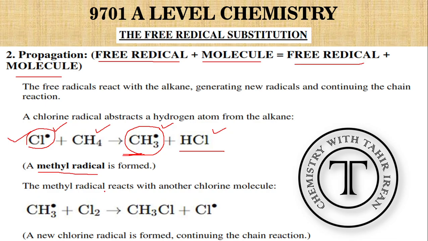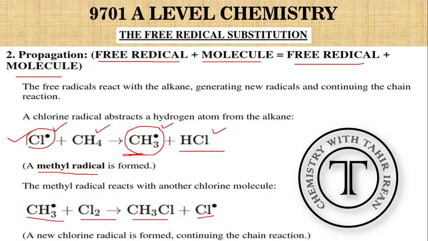The methyl radical reacts with another chlorine molecule. As you can see in this lower equation, there is a chlorine molecule over here, and the methyl radical reacts again, making one molecule and one free radical. So this is also a propagation step.